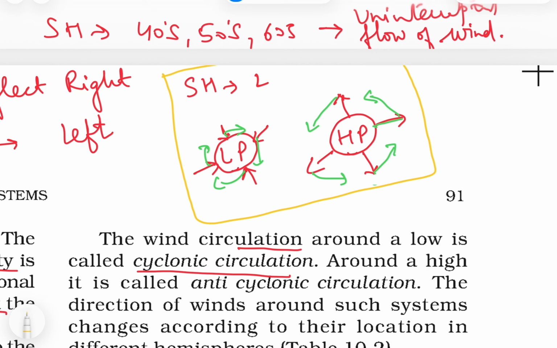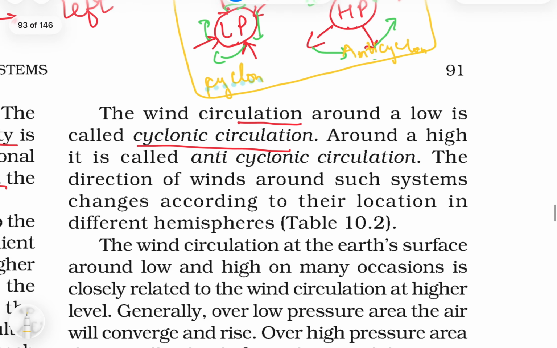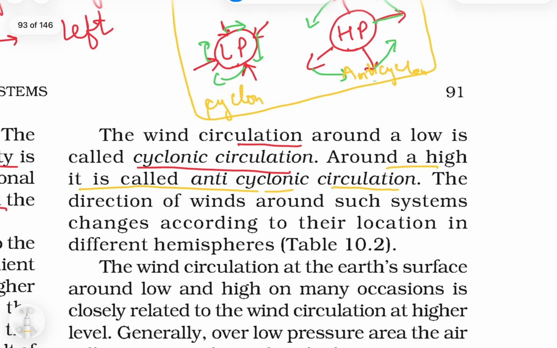The low pressure, these are the cyclones, and they are the anticyclones. Similarly, in the northern hemisphere, high pressure will create the anticyclone and the low pressure will create the cyclones. Around a high, it is known as the anticyclonic. So along with the high pressure areas, these are known as the anticyclonic circulation.